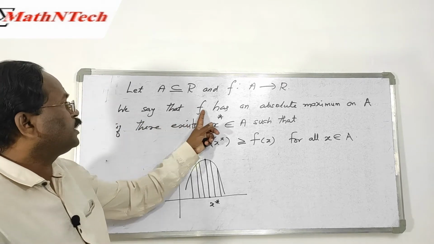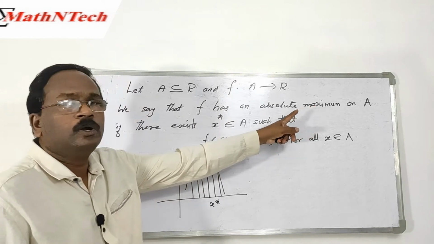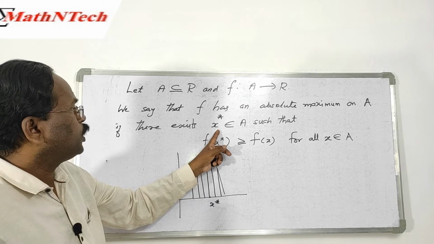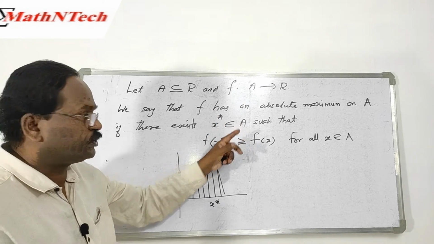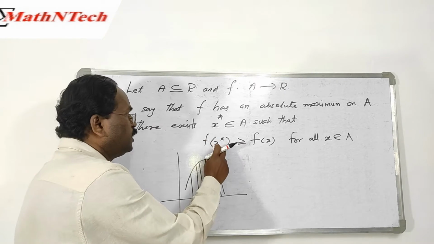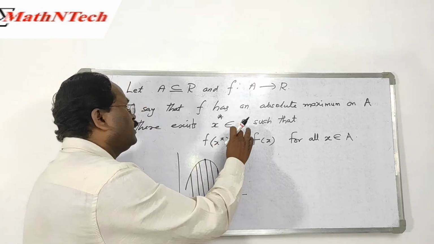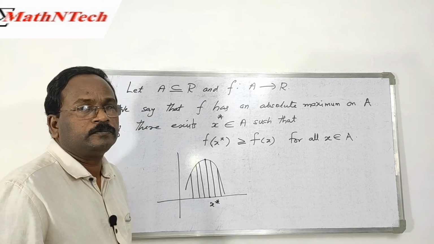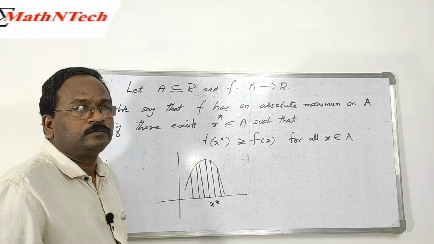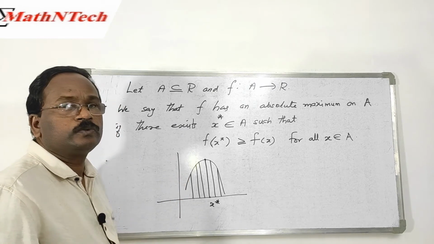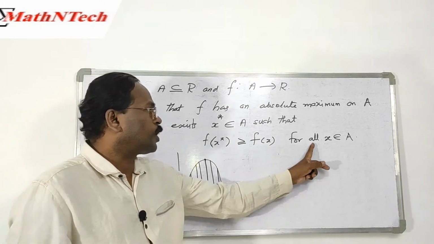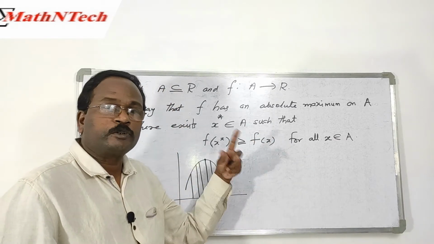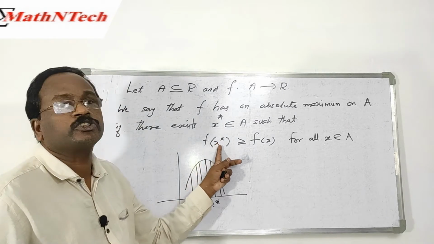So we say that f has an absolute maximum on A if there exists a point x star in A such that f at x star is greater than or equal to f of x for all x in A. So we check the values f of x for all x in A. The values f of x have a maximum at the point x star.